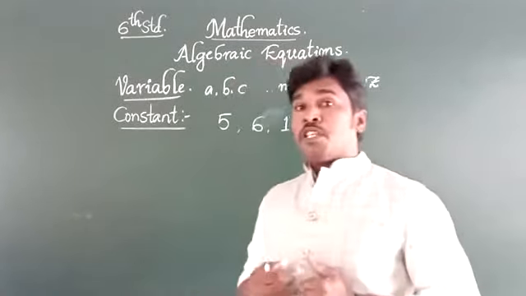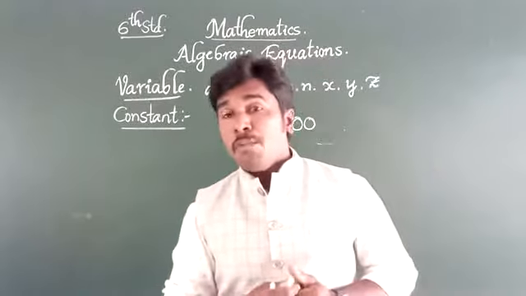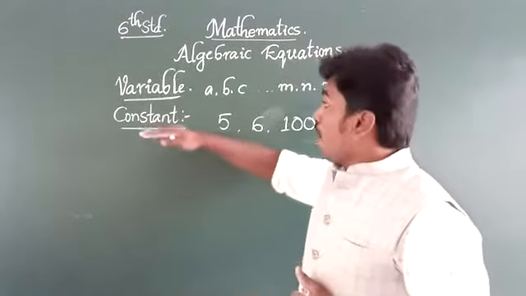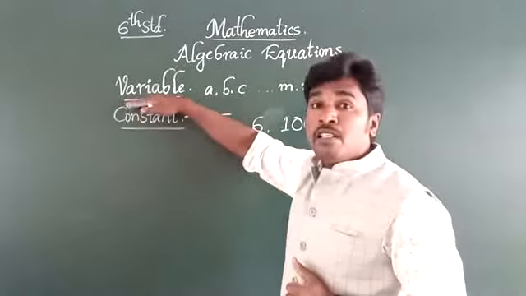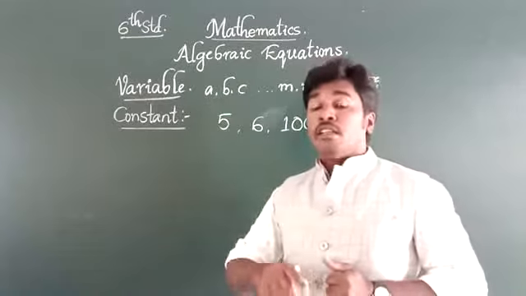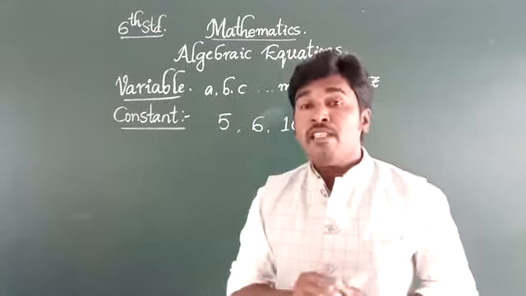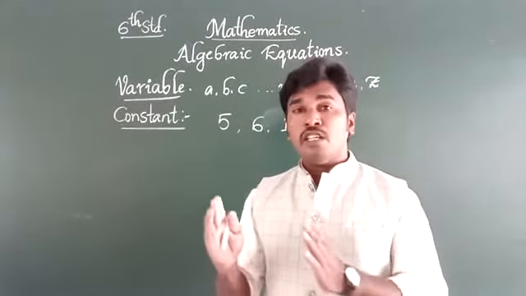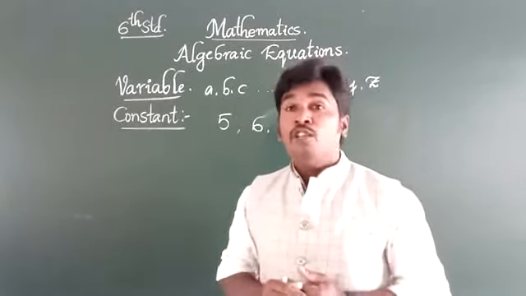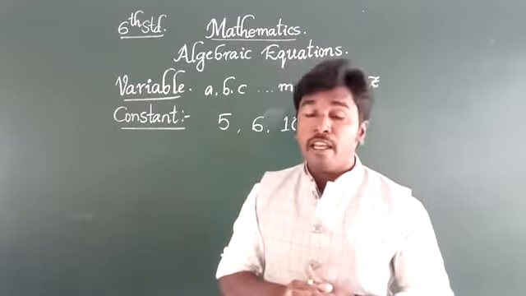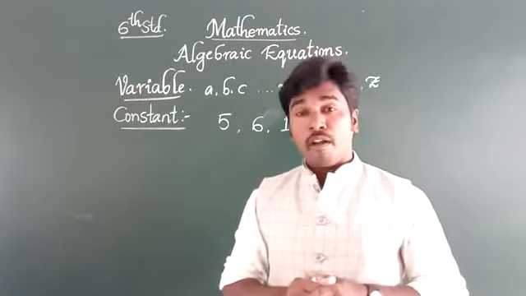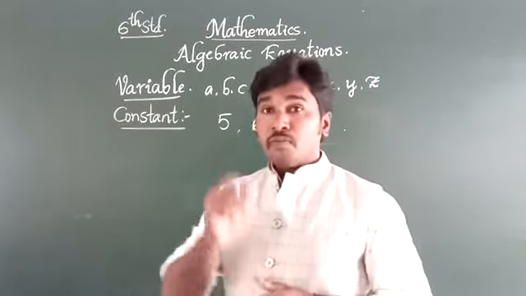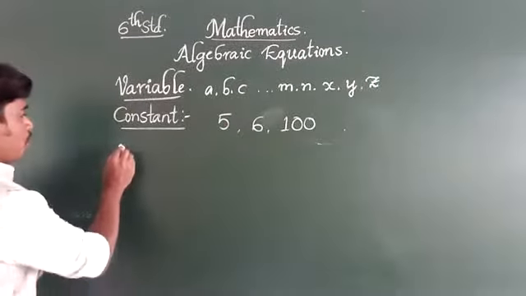Now I proceed to the next, very important one, the algebraic expression. The terms which contain constants and variables involving the four basic operations in maths, that is addition, multiplication, subtraction and division, are called algebraic expressions.